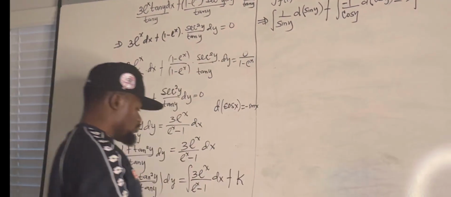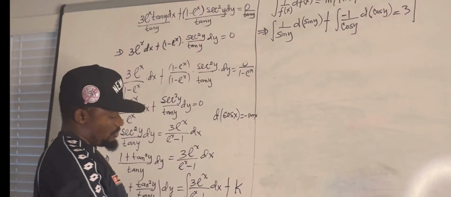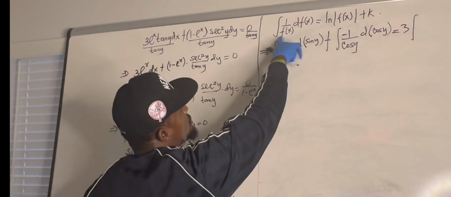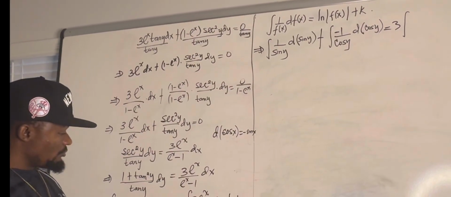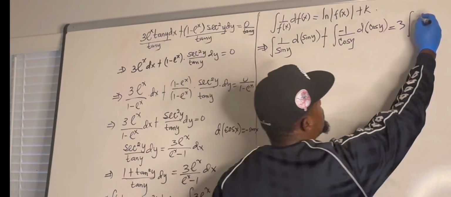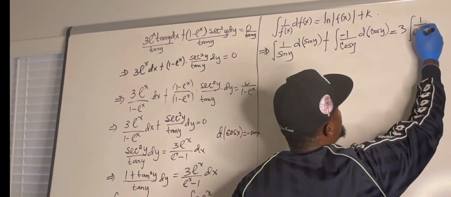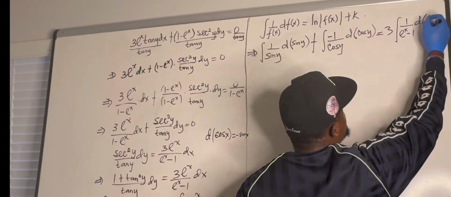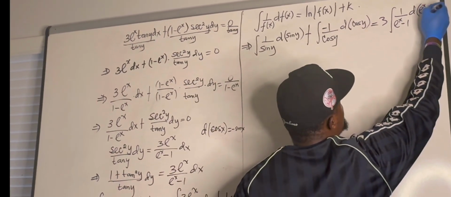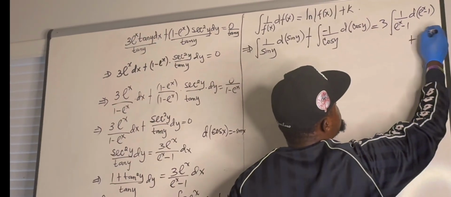I also want to transform this so that it has the same form with our general rule. So I can say this is 1 divided by x power x minus 1 times the differential of x power x minus 1 plus k.